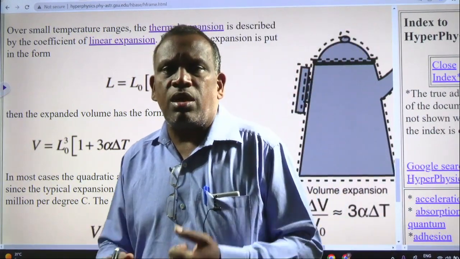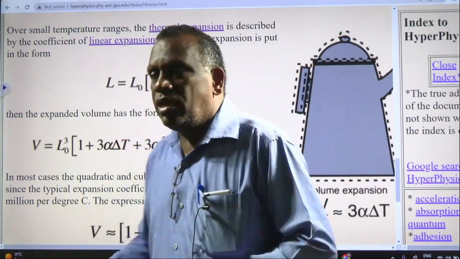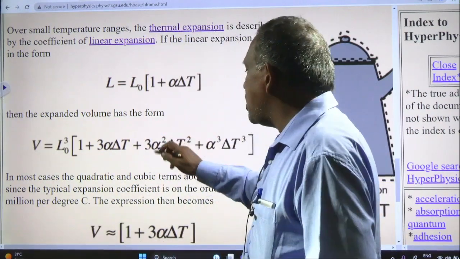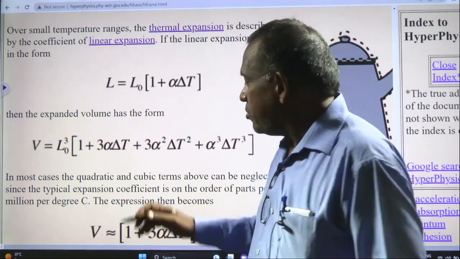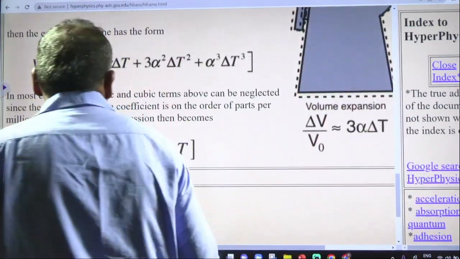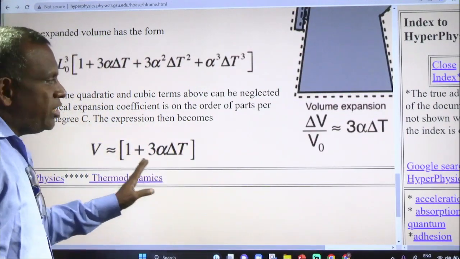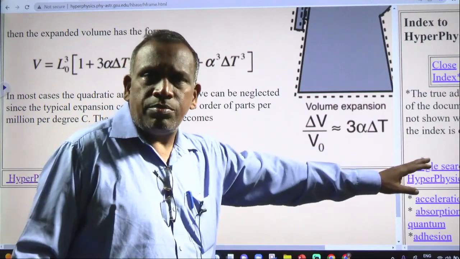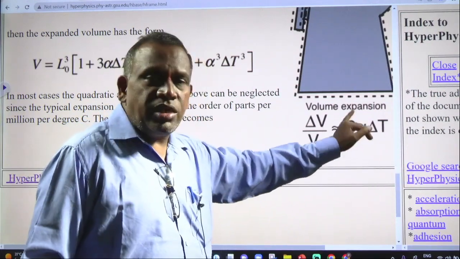Alpha itself is small, so alpha square becomes negligible. If alpha square is negligible, alpha cube is also negligible. So these two terms are ignored. Once you ignore these two terms, delta V by V naught is 3 alpha delta T. 3 alpha is a constant here.